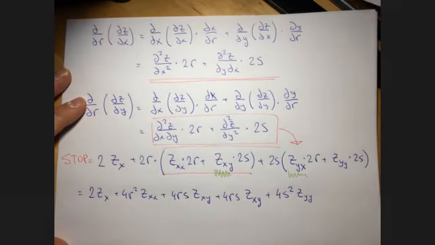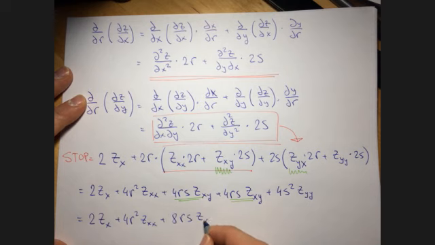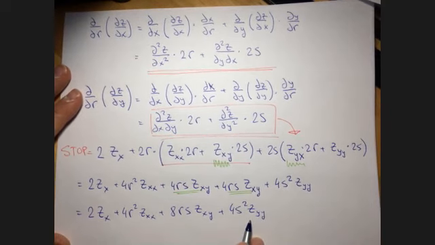And finally, we can just add the like terms, and those are just these two terms. That's 4r squared z double x plus 8rs, the second order mixed derivative, plus 4s squared z double y, the second order partial derivative with respect to y.